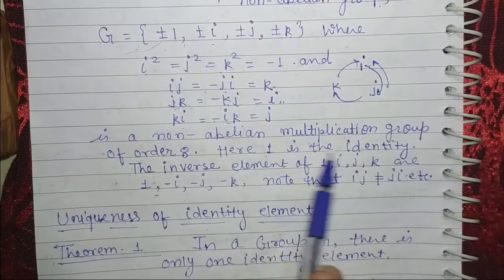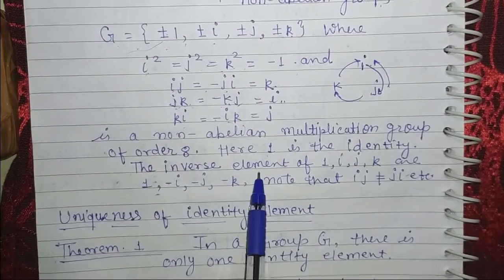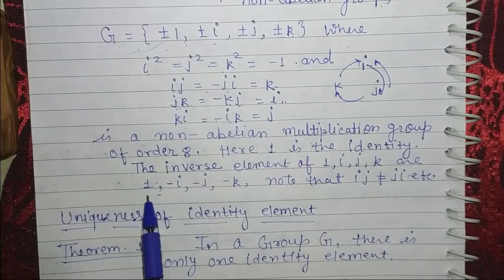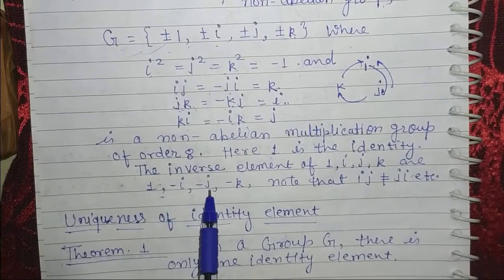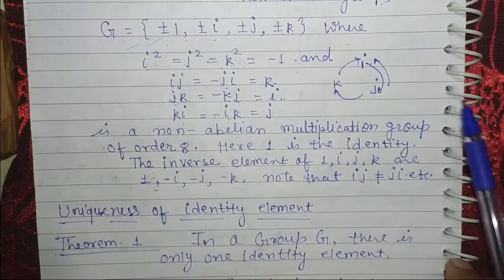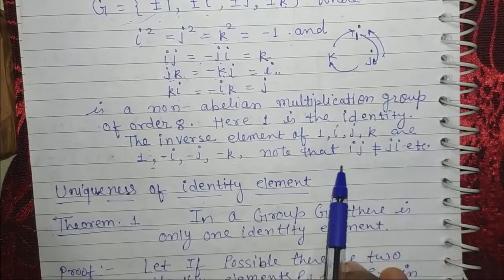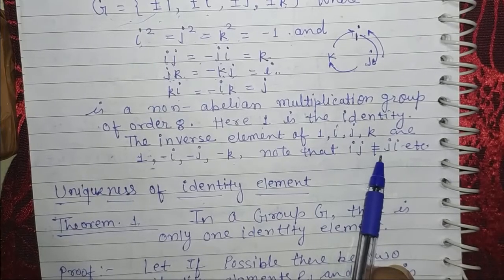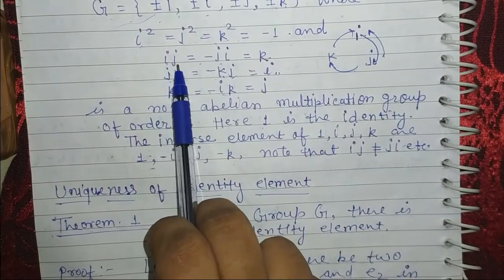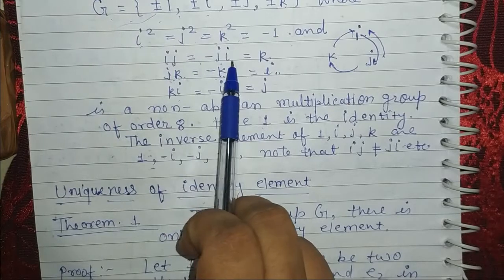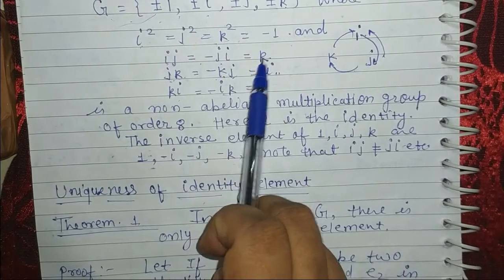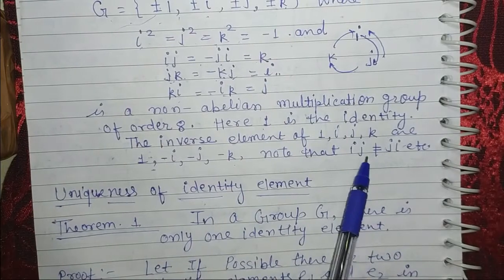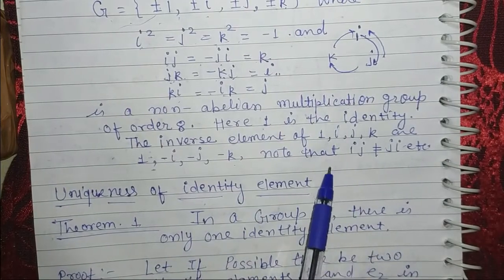Here 1 is the identity element and the inverses of 1, i, j and k are 1, minus i, minus j and minus k. One more condition you can note is that ij is not equal to ji. Why? Because the values of ij and minus ji are both equal to k, but here the minus is missing. So this is our non-abelian group.